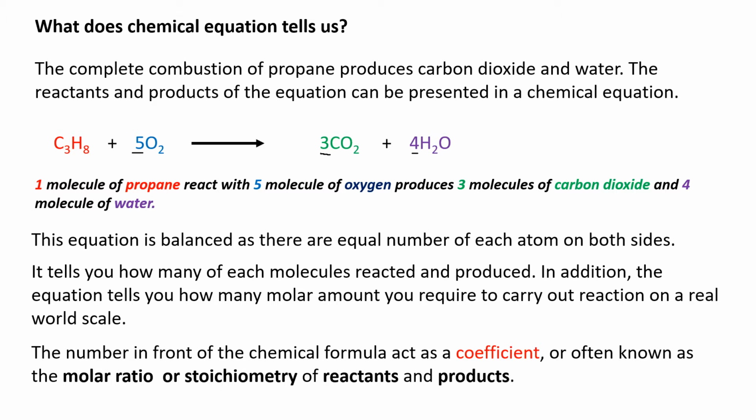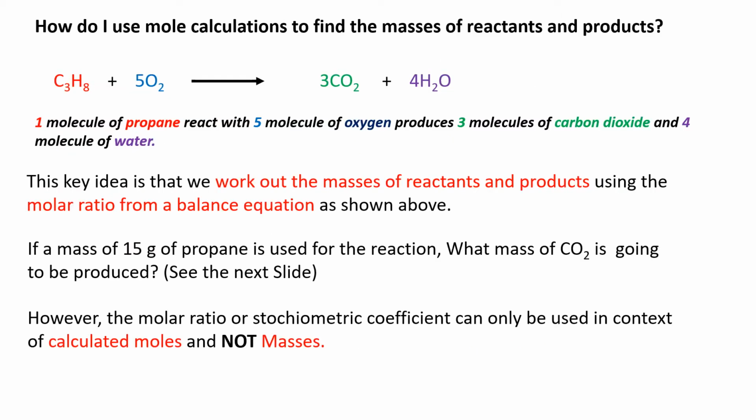The number in front of the chemical formula acts as a coefficient, often known as the molar ratio. We can use the molar ratio to find out the required mass of reactant to carry out the reaction.